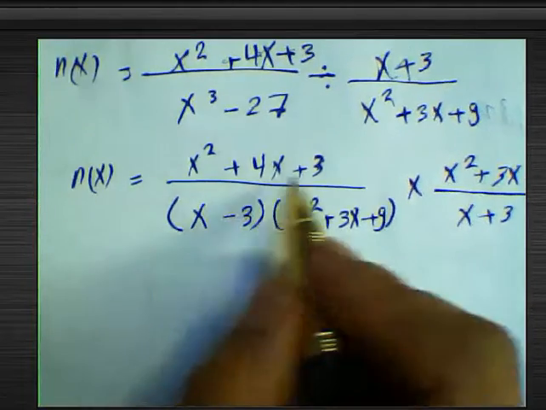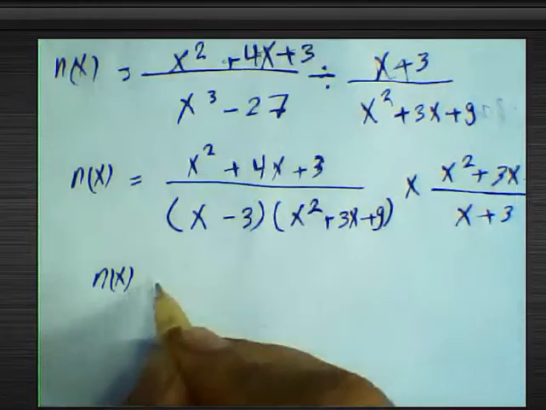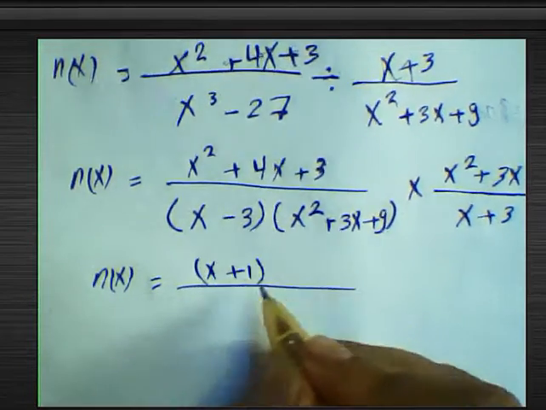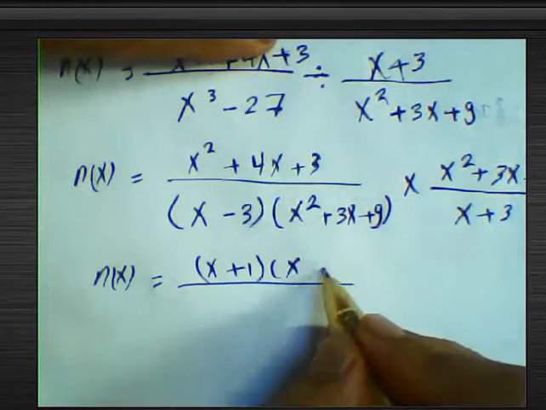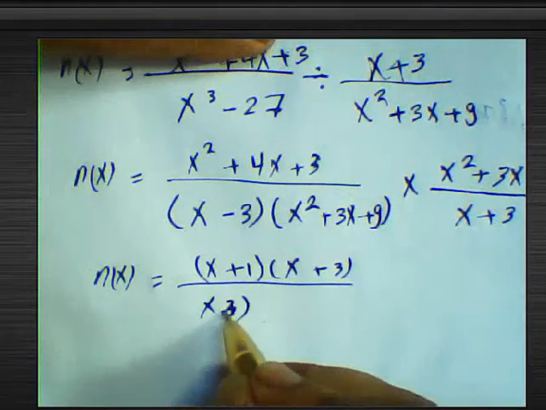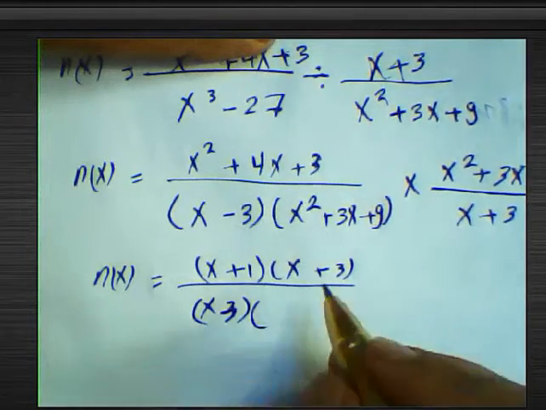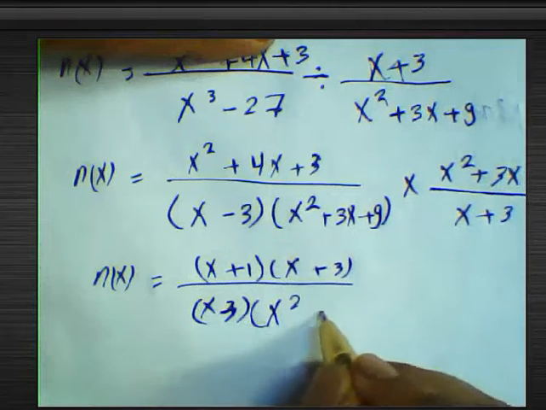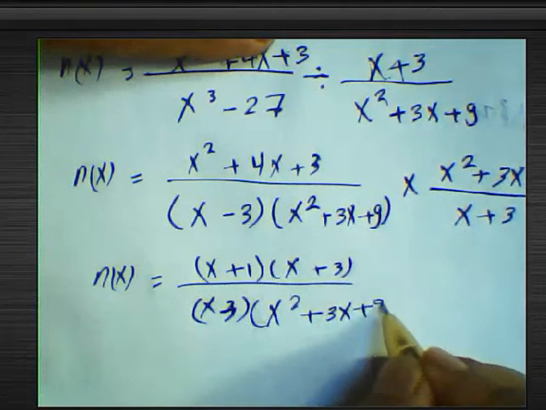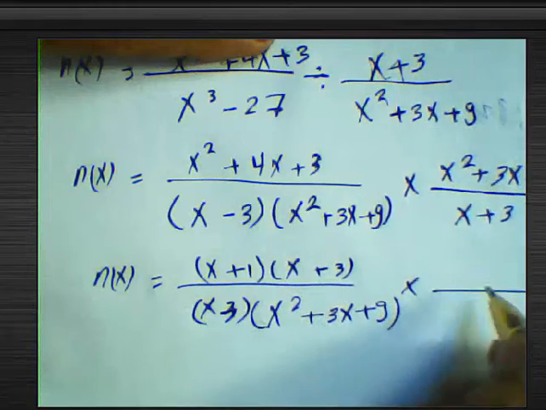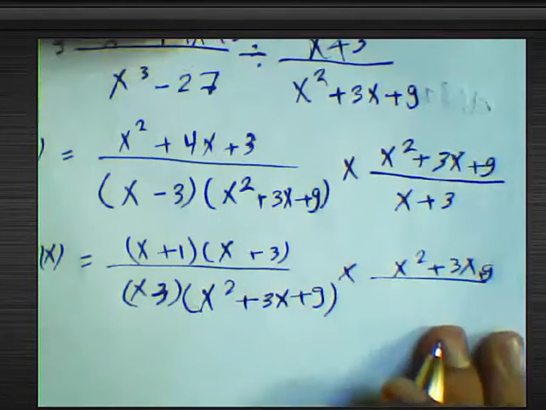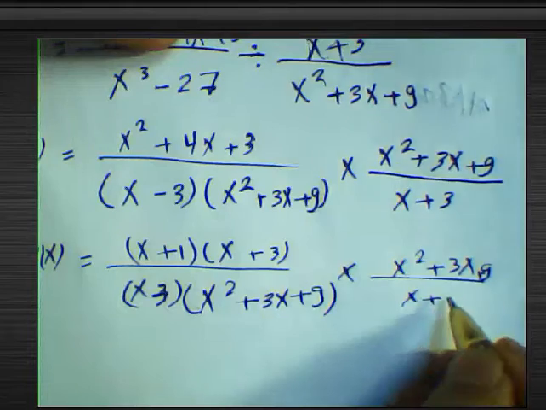And we can factorize this expression also. Okay, x + 1 times x + 3 over x − 3 times x² + 3x + 9, times x² + 3x + 9 over x + 3.